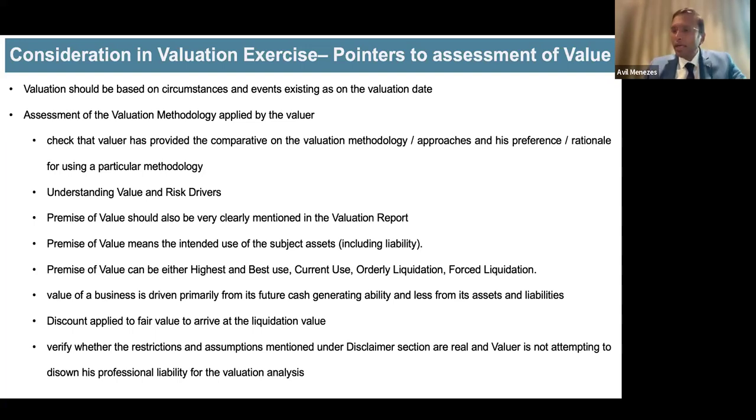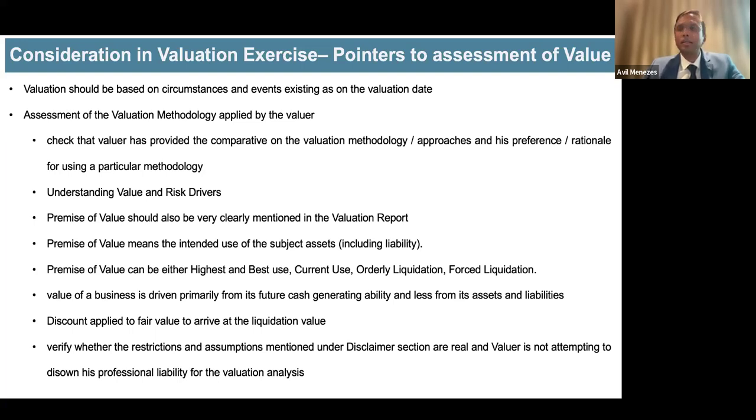To give you an example, in one of my cases, the company went into liquidation, but we had a fair value of 65 crores, a liquidation value of 48 crores, and no takers. This was during the peak of COVID when the valuation was done, so of course the valuations were subdued. When we went into liquidation almost two years later, we did a fresh valuation, which came to 68 crores.